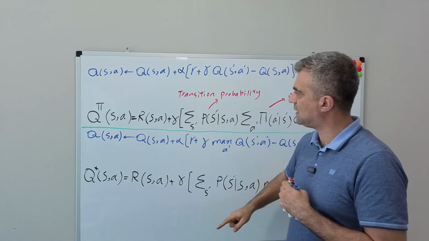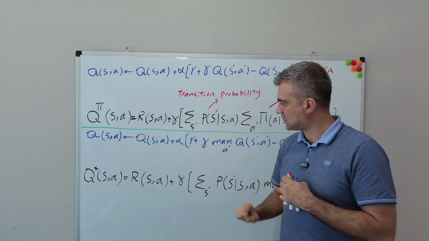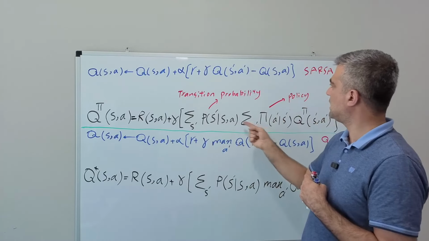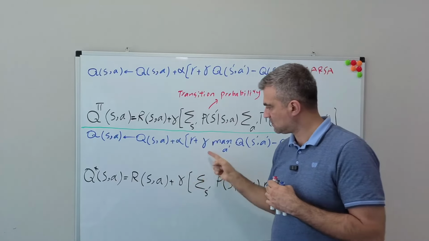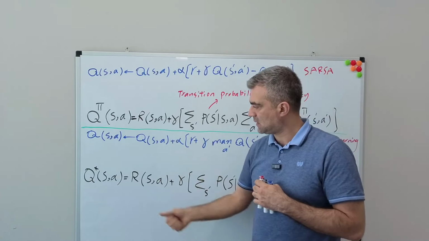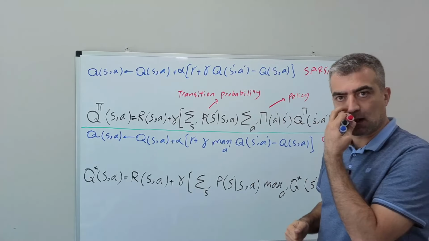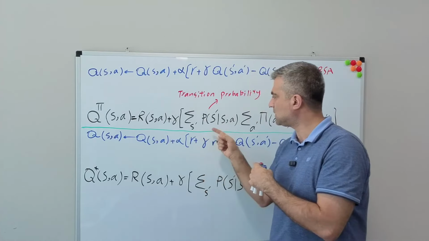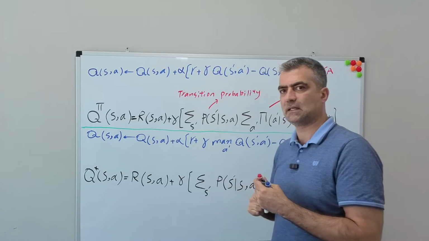For example, here we have a max, here also we have a max, here we don't have a max, here also we don't have a max. We have this discount factor, and we have state and action, and these are also can be rewards. So let's hack them, break them, see what these notations mean, and then try to understand these equations.